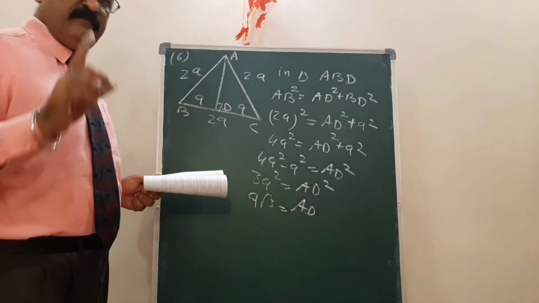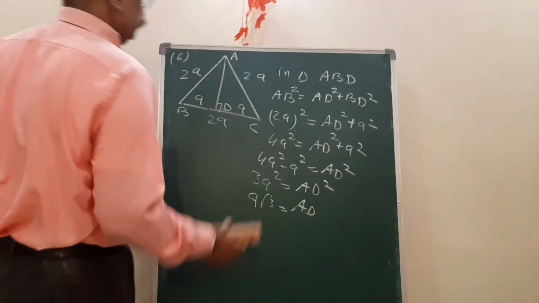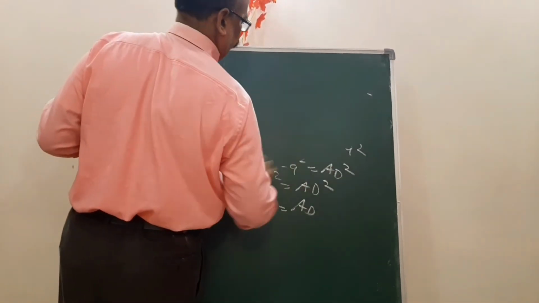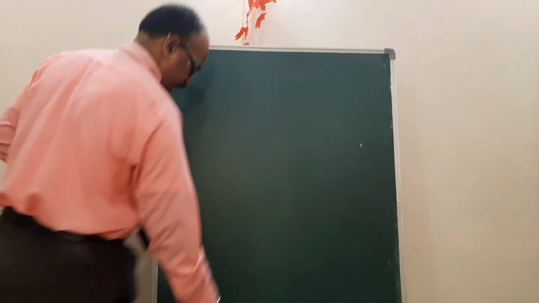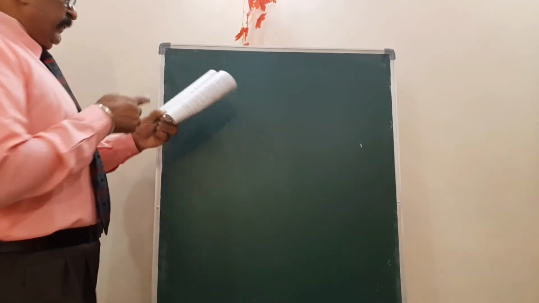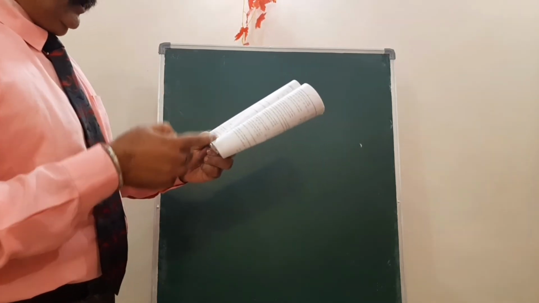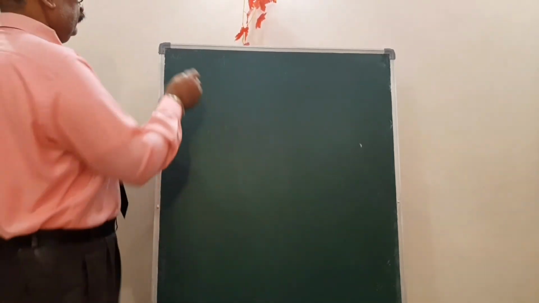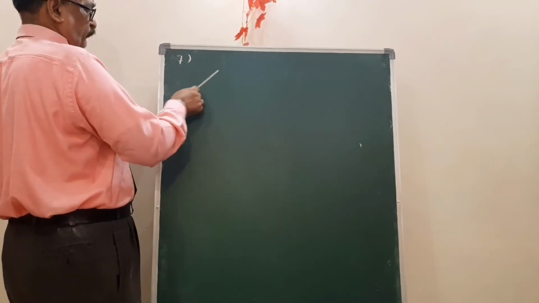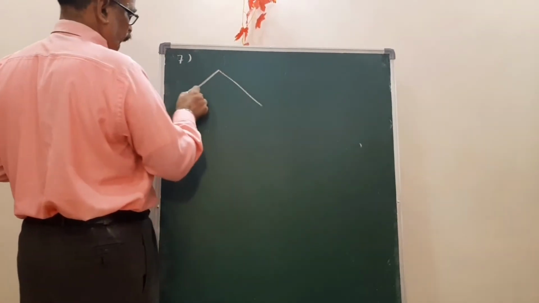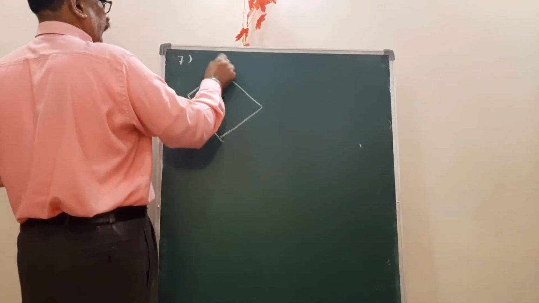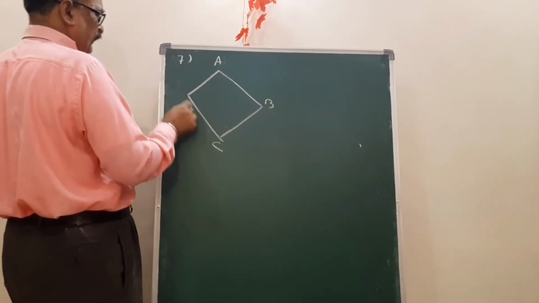Question number 7 is a very important question. Prove that the sum of the square of the sides of a rhombus ABCD.